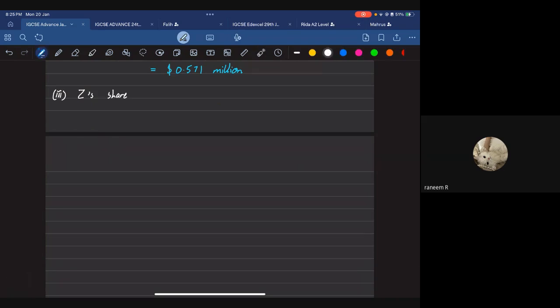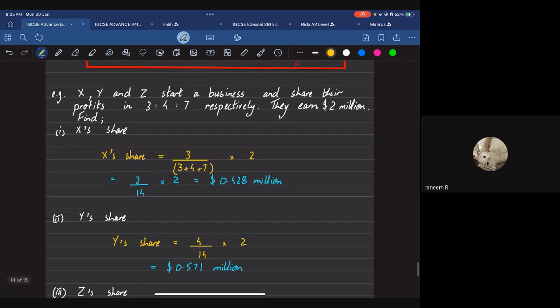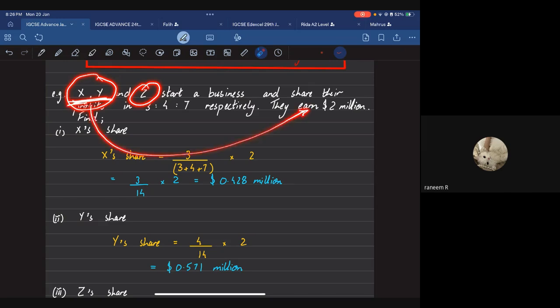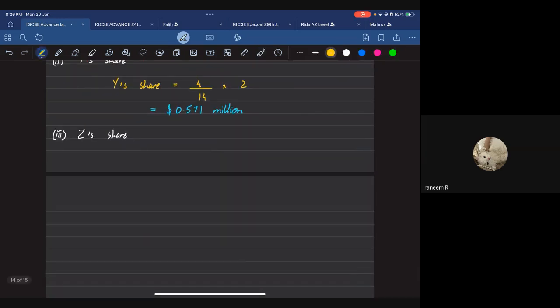But what would be more sensible in my eyes is that there are only 3 parties sharing the profit, and I already know the profit of the first 2 parties. So in order to find Z's profit, can I not simply add the other 2 parties' profits and subtract them from the total profit? I think that could work as well.